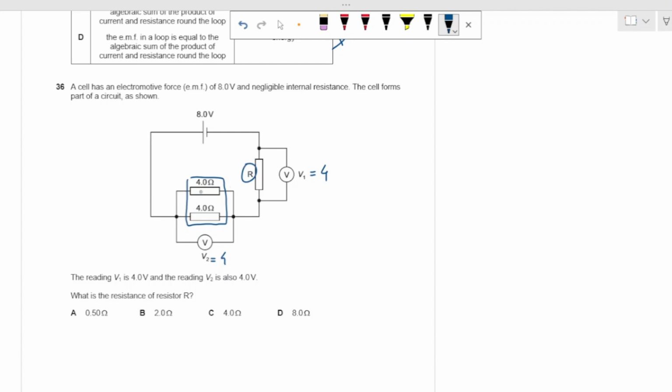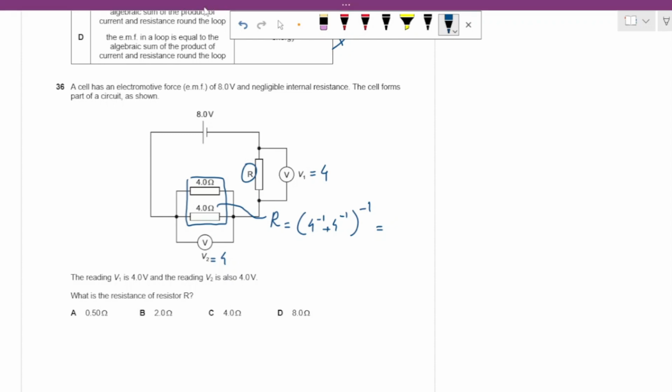We can't yet compare it because these are two resistors, that is one resistor. But we can find an equivalent resistance for this, which is 1 over R effective is equals to 1 over 4 plus 1 over 4, which is the equation for finding the resistances in parallel resistors. We can write this using inverse indexes as well. So 4 inverse plus 4 inverse whole inverse, that would give us 2.